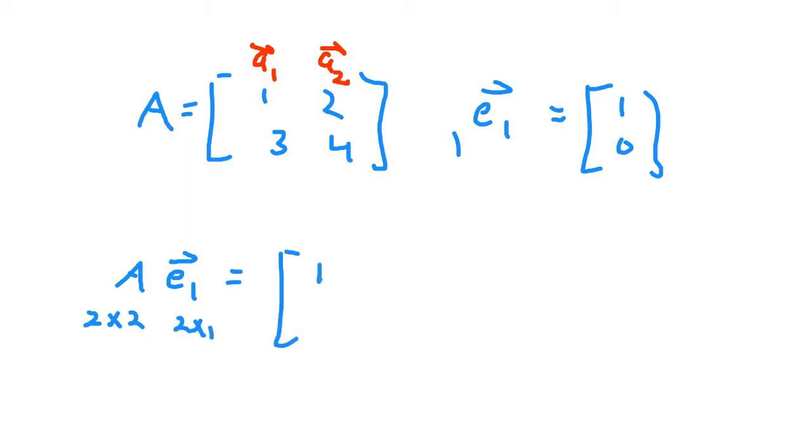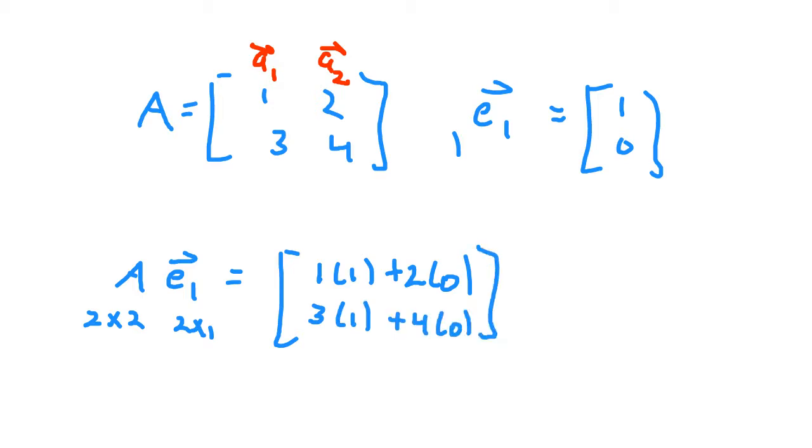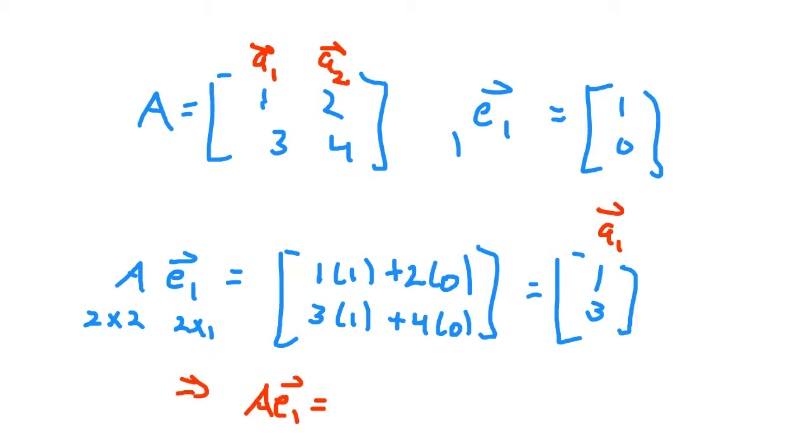Using the row-column rule that you learned, you get 1, 3, which is A1. So A times E1 equals A1.